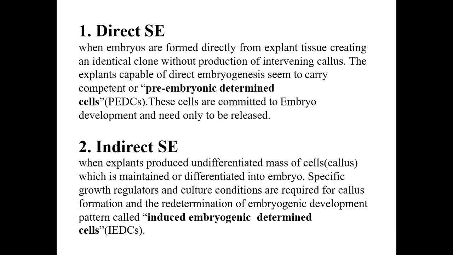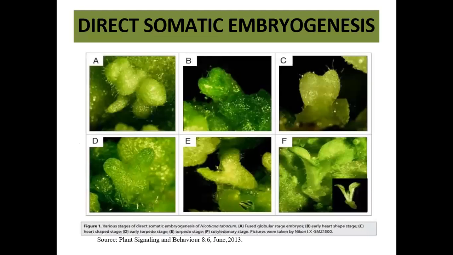Whereas indirect development of somatic embryos begins with the development of a mass of callus, which has a natural capability of cellular differentiation, or cellular totipotency, which is maintained or differentiated into embryos. This redetermination phase of the embryogenic development pattern is called induced embryogenic determined cells, or IEDCs.